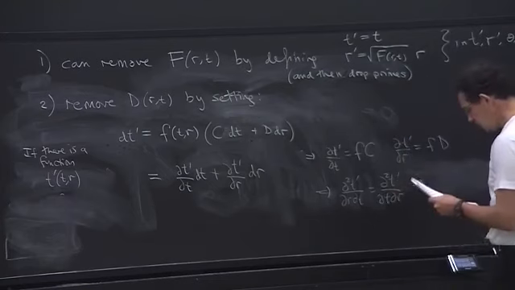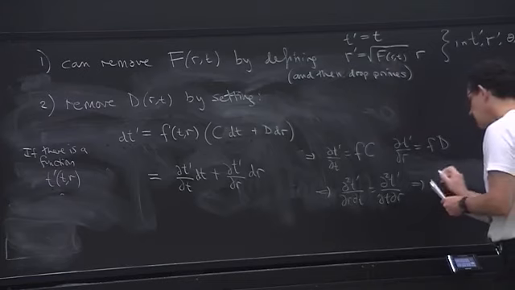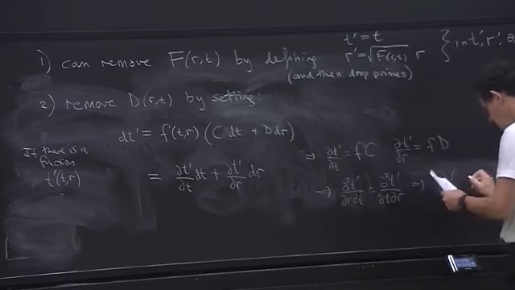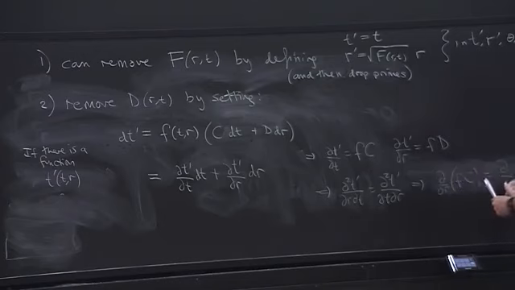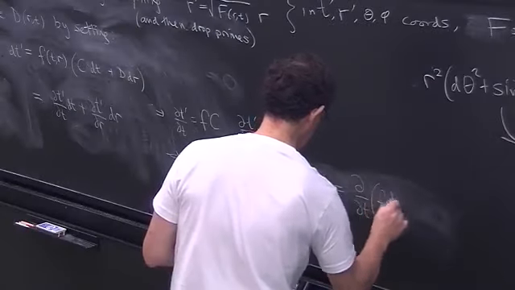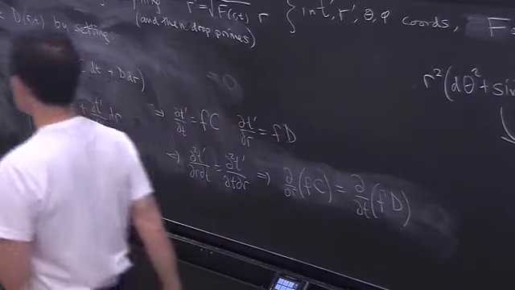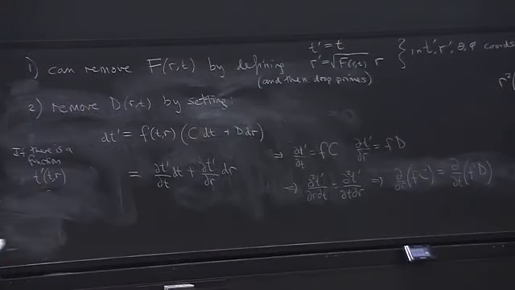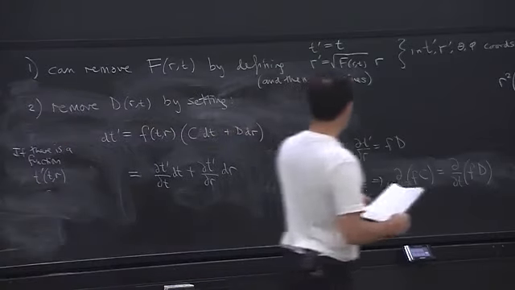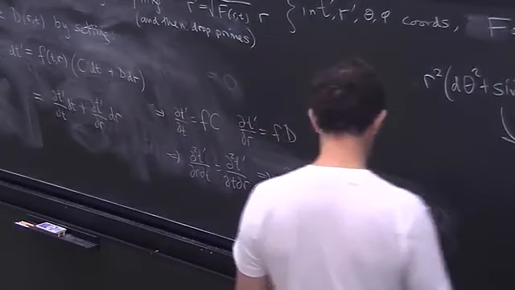And this gives us an equation that d by dr of f times c must equal d by dt of f times d. So in order for that coordinate transformation to exist, f has to satisfy this equation.